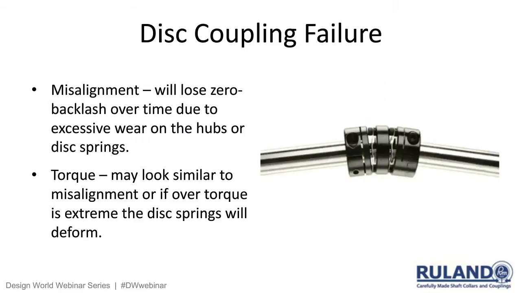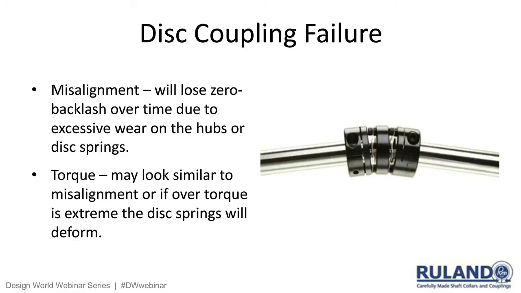Disc coupling failure. Disc couplings are built with shims or disc springs, if you will, thin laminations of stainless steel. And they're riveted or screwed in between the hubs, and this gives you some flexibility.